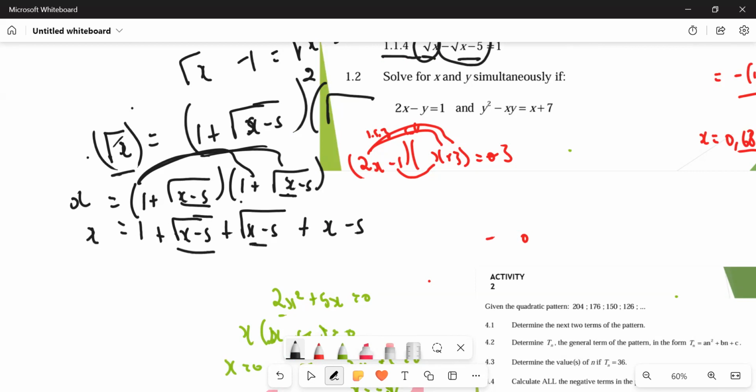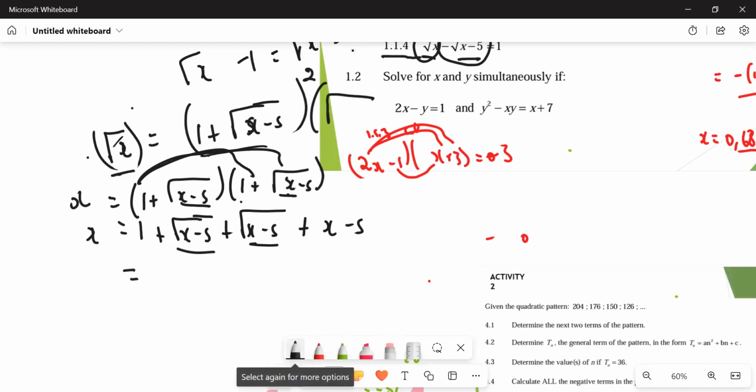And then look at these two. They are like terms. If these two are like terms, we can add them. We can add roots, by the way. We're allowed to add roots. Roots act exactly like your variables. So if I have root x minus 5 and I have root x minus 5, it's going to give me 2 root x minus 5. I want to start with the root first. These people, all of them here, because they don't have a root with them, I'm going to take them to the other side.